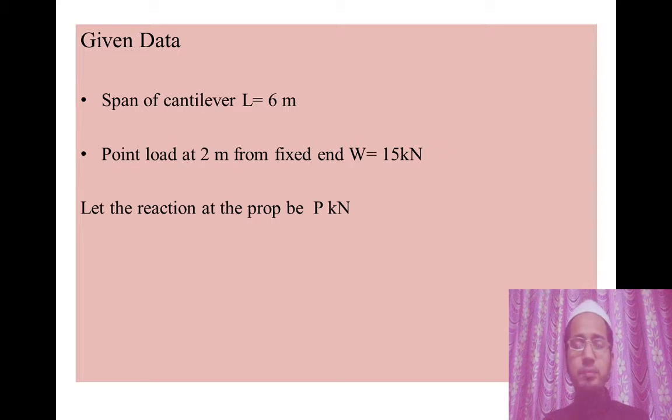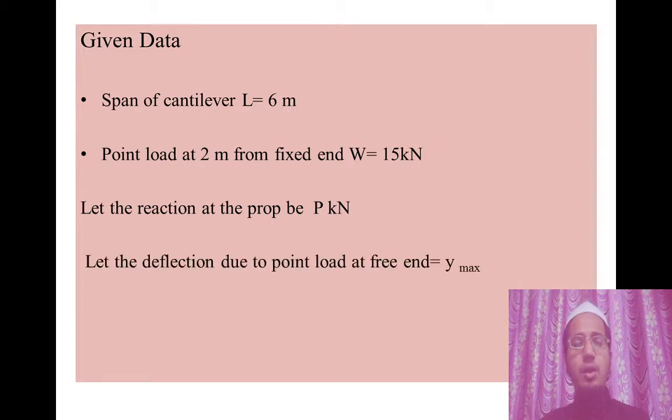How to find? Yes. Let us assume the deflection due to point load at the free end as the maximum deflection. We know at the free end in the cantilever the deflection will be maximum. So we will just consider a cantilever subjected to a point load in between, and the deflection will be maximum at the free end, and let it be Y max.